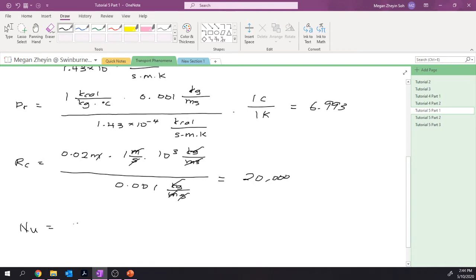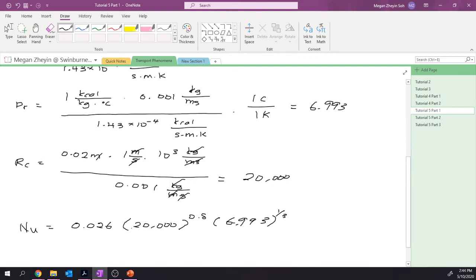Now we then calculate the Nusselt number, which is 0.026 multiplied by the Reynolds number 20,000 to the power of 0.8 multiplied by 6.993, which is the Prandtl number, to the power of 1 over 3.